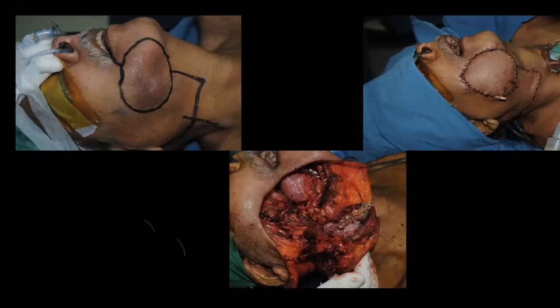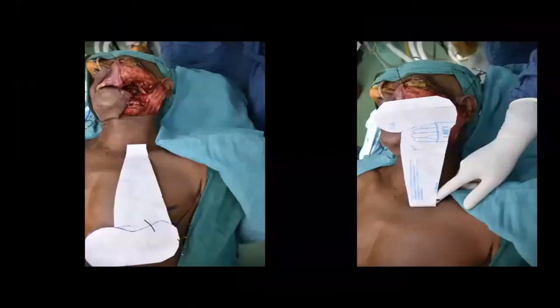So again, depending upon the habitus, you can decide what flap you want to do. But in patients who don't have too thick a muscle and too thick a skin paddle, the intervening segment of skin can be deepithelialized, and the skin paddle can be folded onto itself to close both the cheek defect as well as the skin defect.